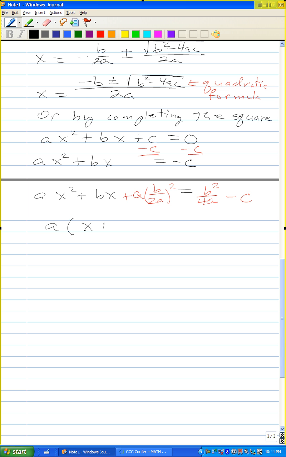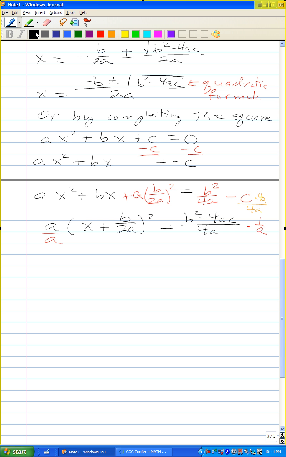And so I get a times x plus b over 2a squared is equal to, well, let's get a common denominator, 4a. And so you get b squared minus 4ac all over 4a. Divide both sides of your equation by a, same as multiplying by 1 over a, the reciprocal. Division is the same as multiplication by the reciprocal.